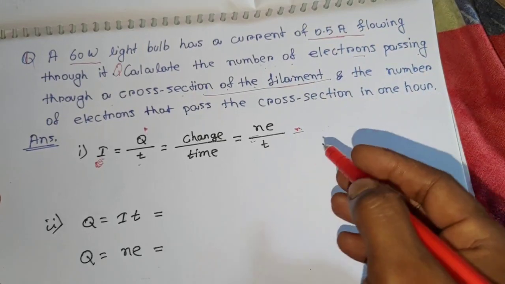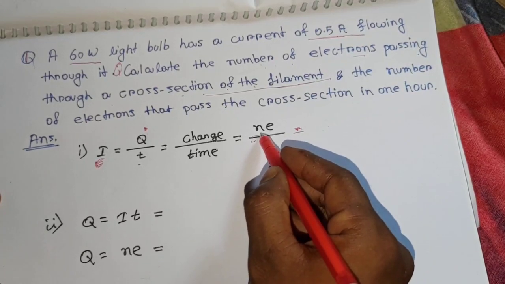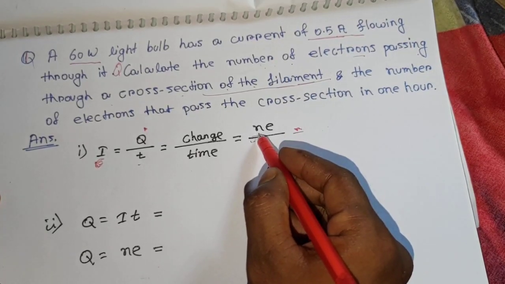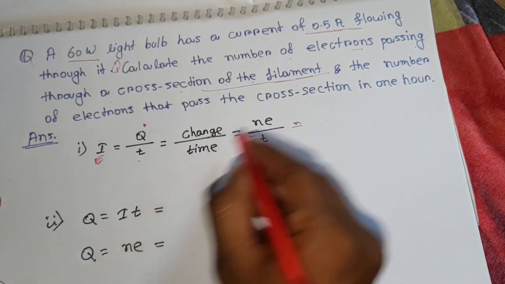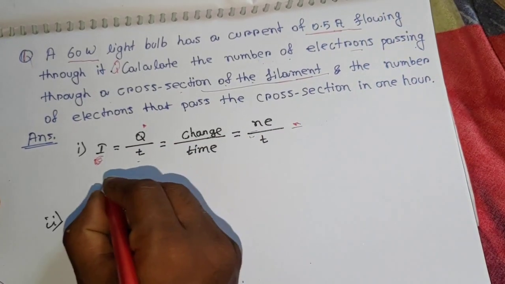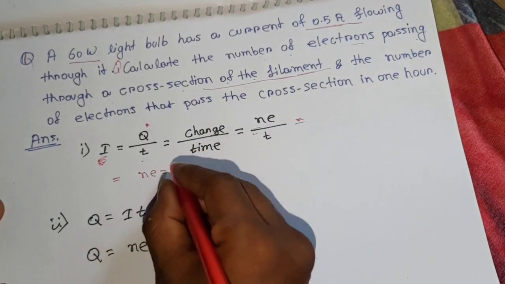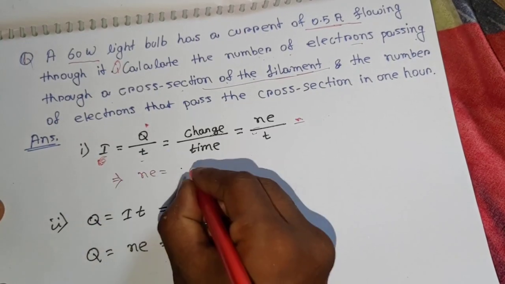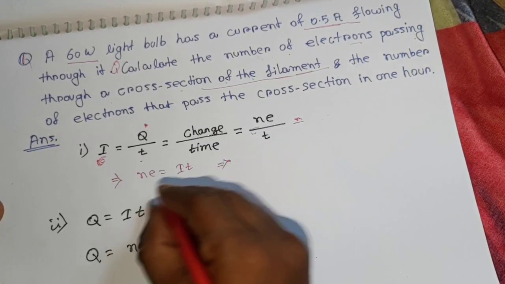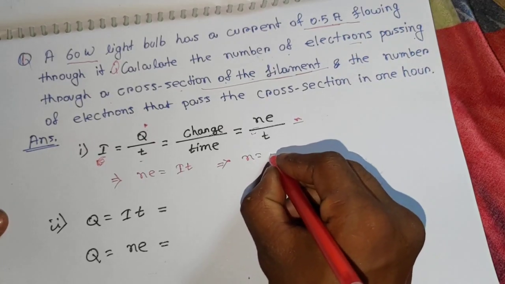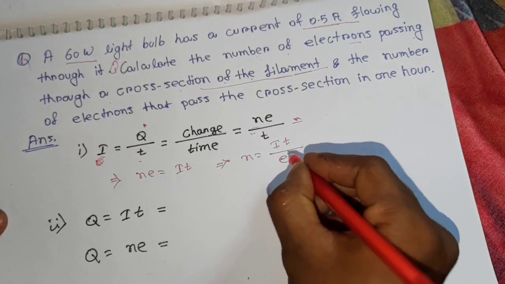We have to calculate N. From here, N e is equal to I T, or N is equal to I T by e.